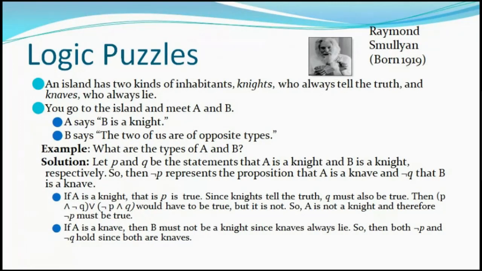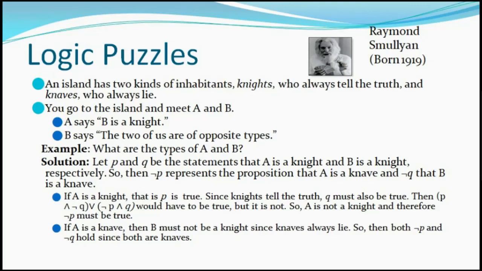Solution: let P and Q be the statements that A is a knight and B is a knight, respectively. Then negation P represents the proposition that A is a knave and negation Q that B is a knave. If A is a knight, then P is true.